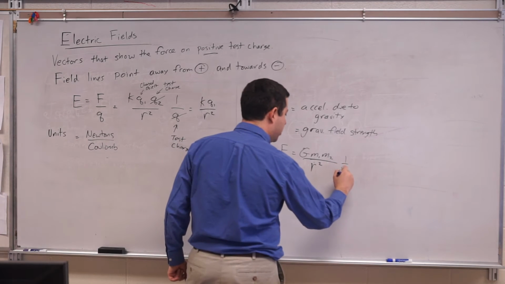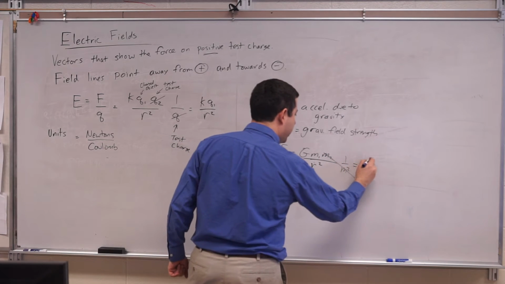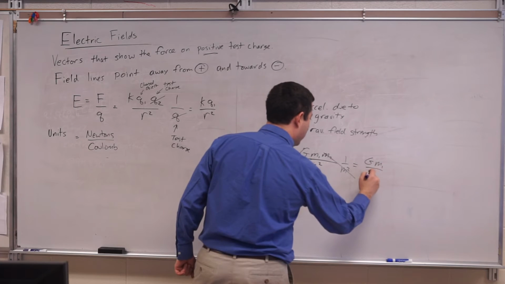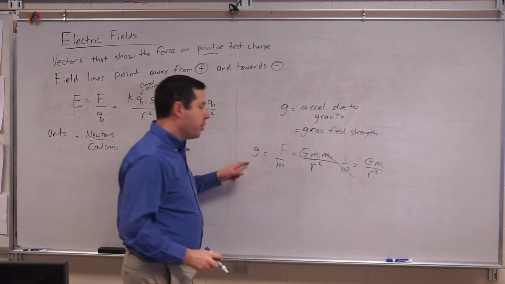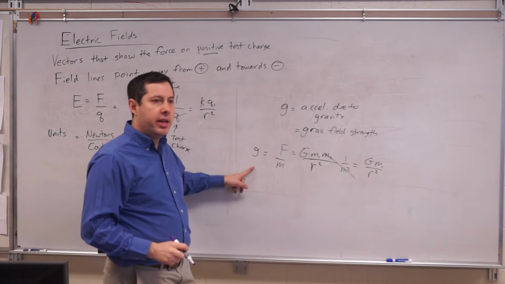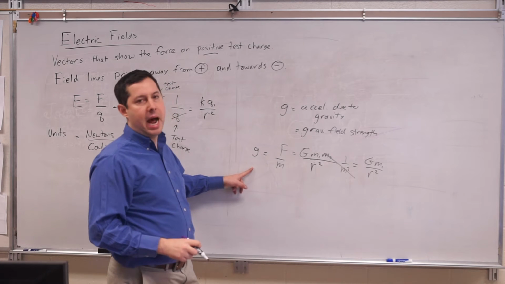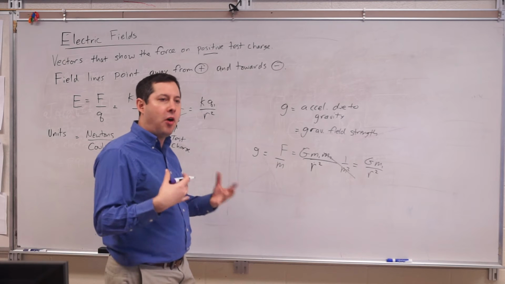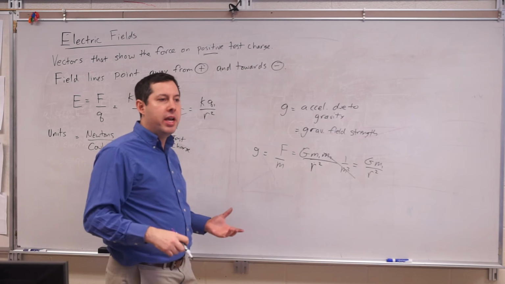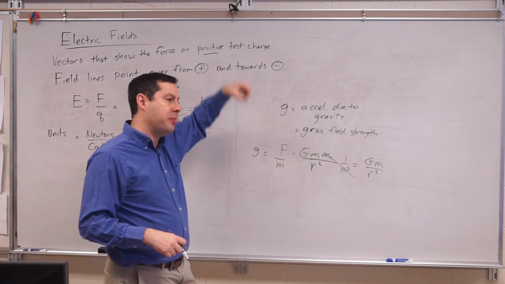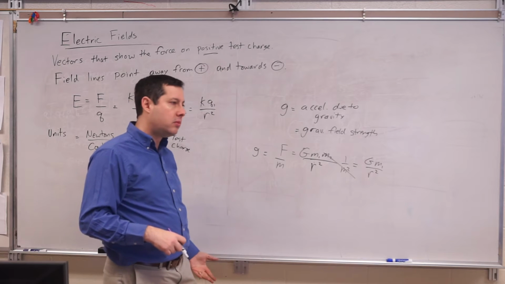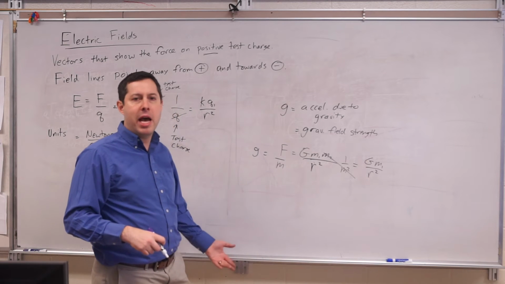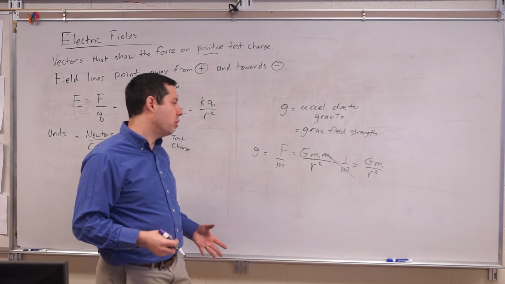The m2 and the 1 over m2, both of those go away. That's G M1 over R squared. And what we find is that g, the acceleration due to gravity, does not depend on the mass of the object. All objects on Earth fall at the same acceleration. Everything has an acceleration of negative 9.8 meters per second squared on the surface of the Earth. Doesn't matter if it's big or small, as long as you ignore air resistance.